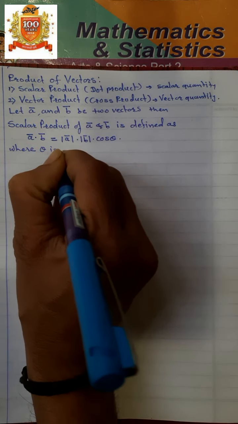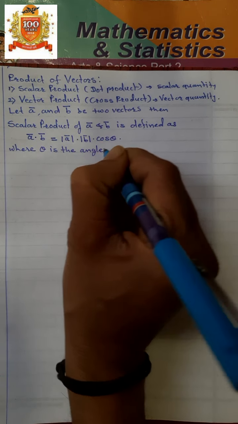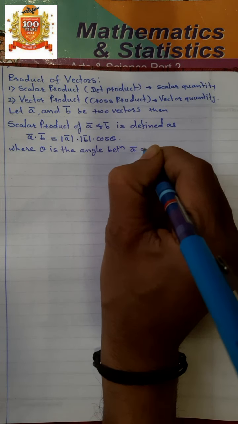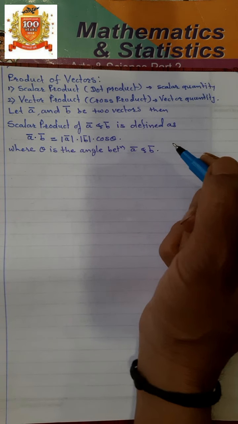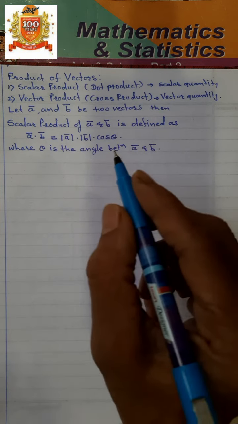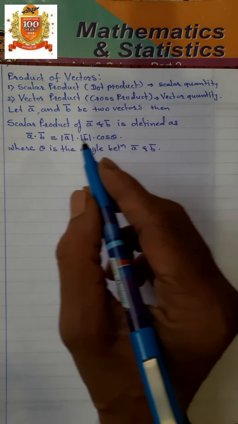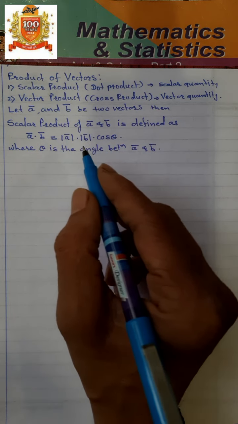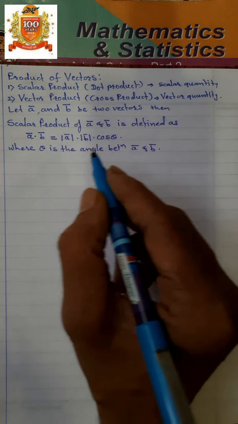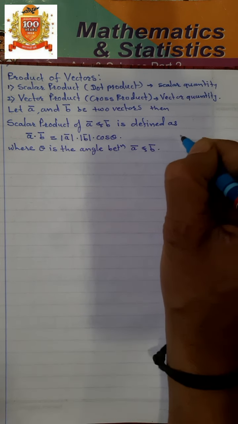theta is the angle between A bar and B bar. So very simply we can define scalar product of two vectors as A bar dot B bar is equal to mod of A bar into mod of B bar into cos theta, where theta is the angle between two vectors A bar and B bar.